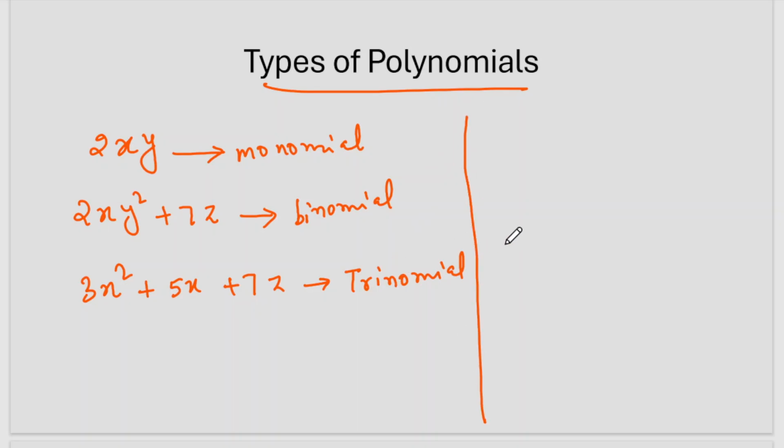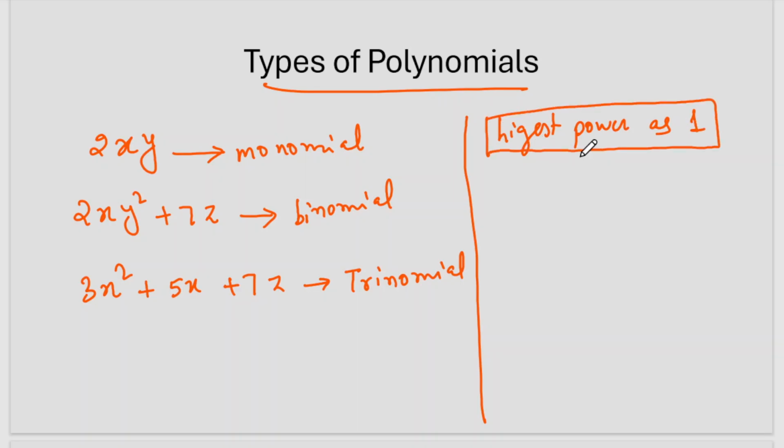But what about other things, like linear equation and quadratic equation that you have studied? Now you see, if a polynomial has the highest power as 1, we can call that polynomial a linear polynomial.